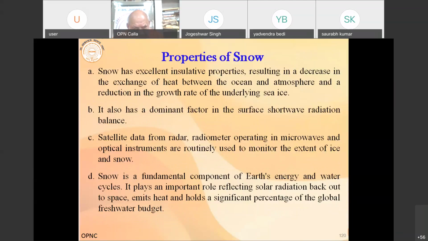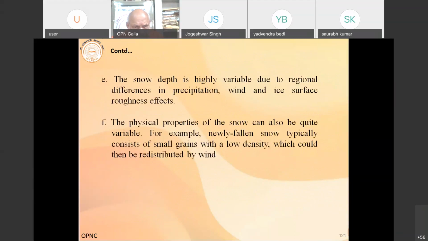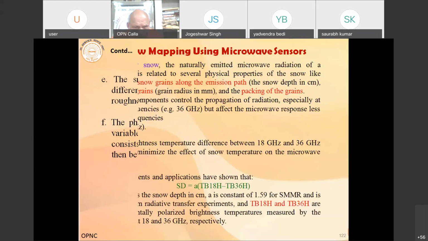The radar and radiometer operating in microwaves use this data. Snow is a fundamental component of our solar energy. Snow depth is highly variable. The physical properties of snow can also be quite variable.